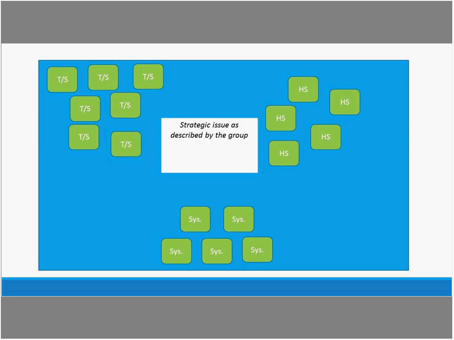Any questions about this process of going from data to strategic issues? For those that have used MAP and have done this before, how did you approach it?